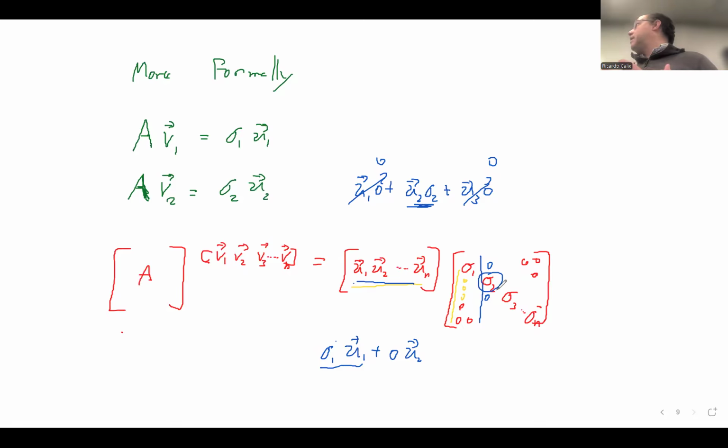So it's guaranteed to give you one of the matrices where all the values off diagonal are 0, and only the values on the diagonal are going to be values. But it's the same operation as before. A, the rotation and stretching matrix, times the basis vectors of V becomes vectors U times their corresponding O's.